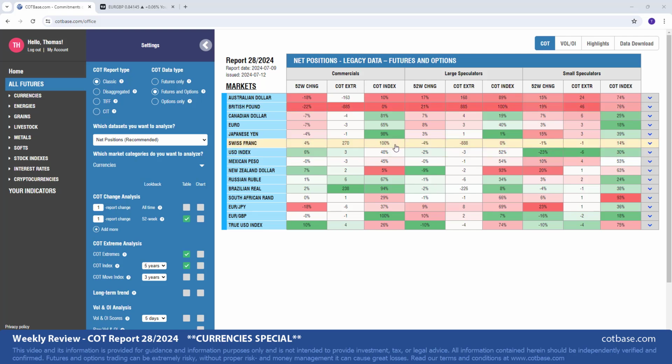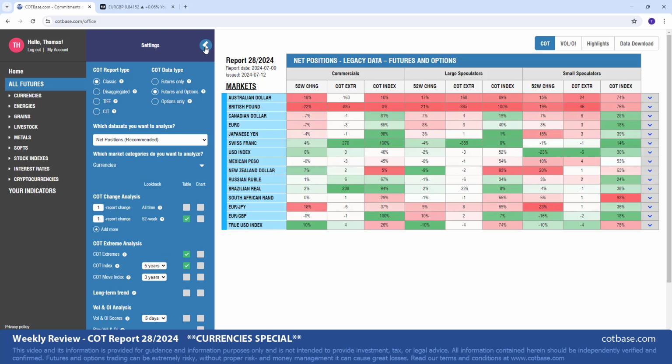And the Swiss franc at 100% with a 270 report COT extreme. This basically means that in the past 5 years, because the COT index is set for a 5-year look back period, you can change that if you'd like to look at other COT index look back periods from 6 months up to as long as the entire history of COT data if you wish.